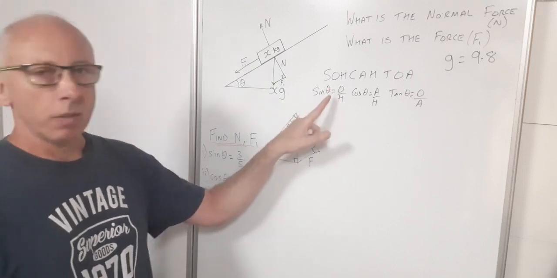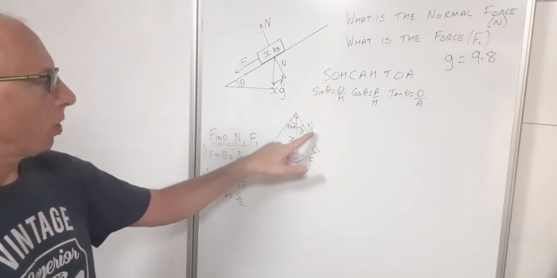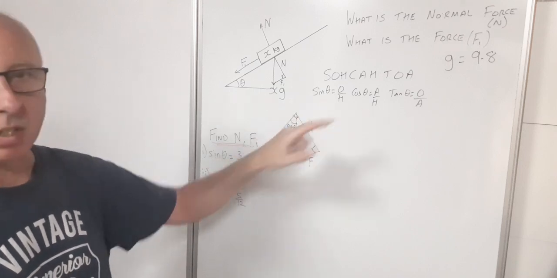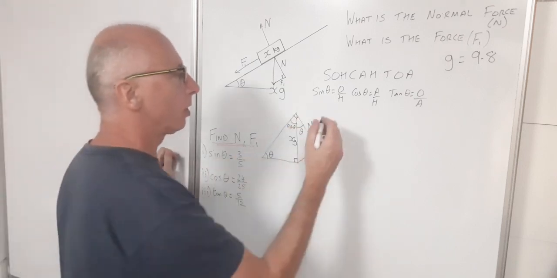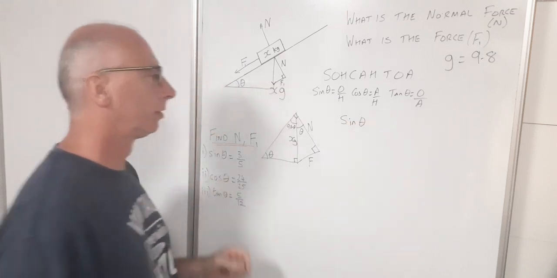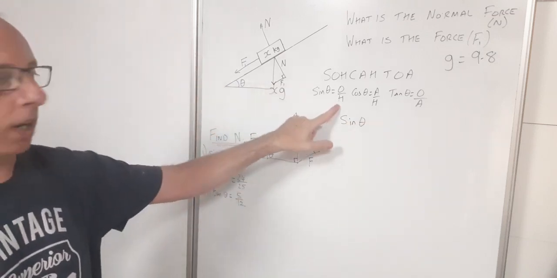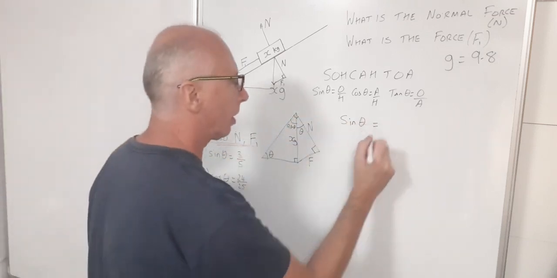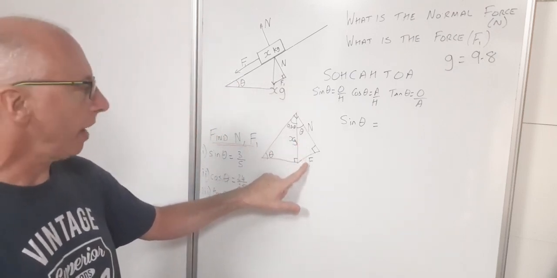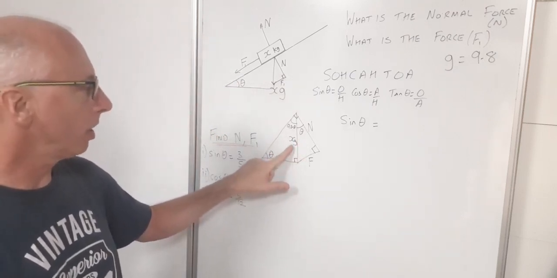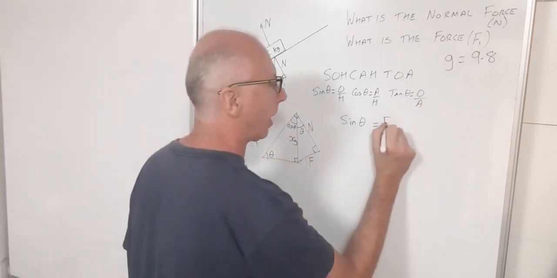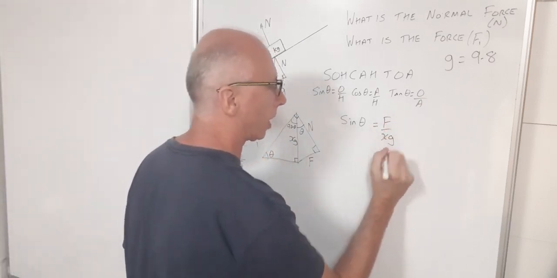So now using the laws of SOHCAHTOA, I can work out what my N and my F are by using these rules. If I say sine theta equals opposite over hypotenuse, so sine of theta equals opposite, that's F, and the hypotenuse, opposite the right angle, is xg. So F over xg.